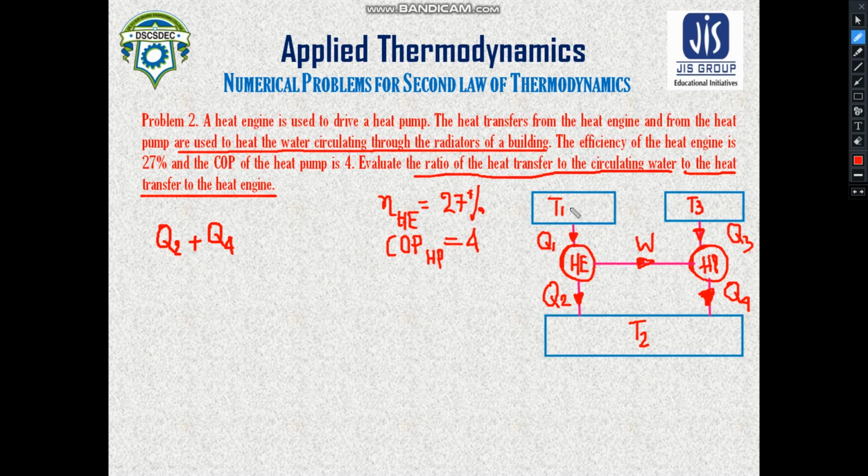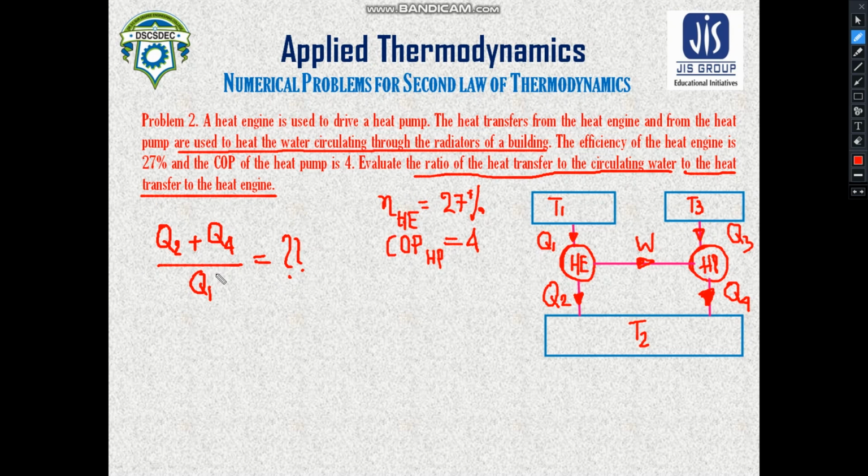This one. From the source, this is Q1, heat is being transferred to the heat engine, so divided by Q1. So the question is to find the ratio Q2 plus Q4 divided by Q1. That is the question here, right? So now how can we solve this problem, that is our objective.